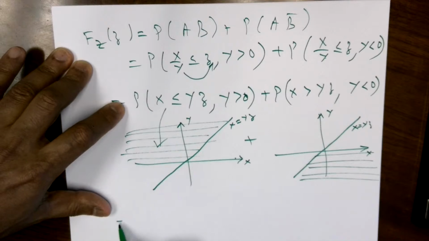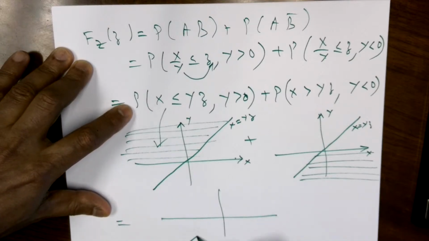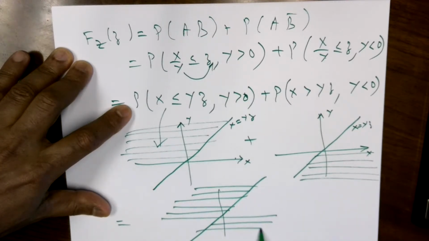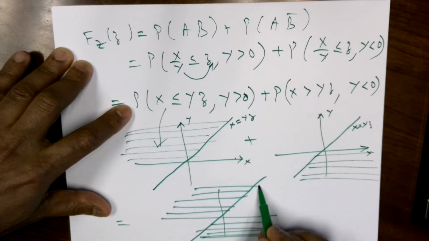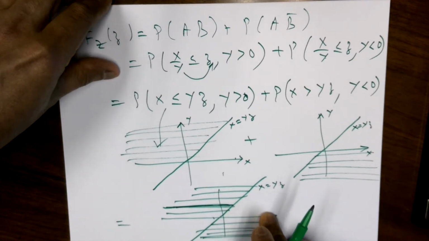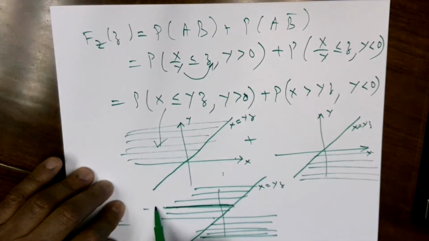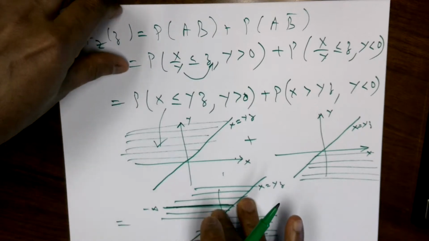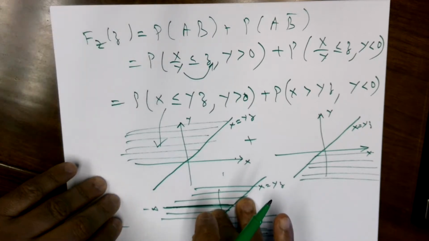If you put these two together, we need to integrate over this region and this region. So this is the line X equal to Yz. That integration is easy because you just integrate on a strip. So this will be from minus infinity to Yz on X, and this will be from 0 to infinity on Y. So I'm just going to do that.